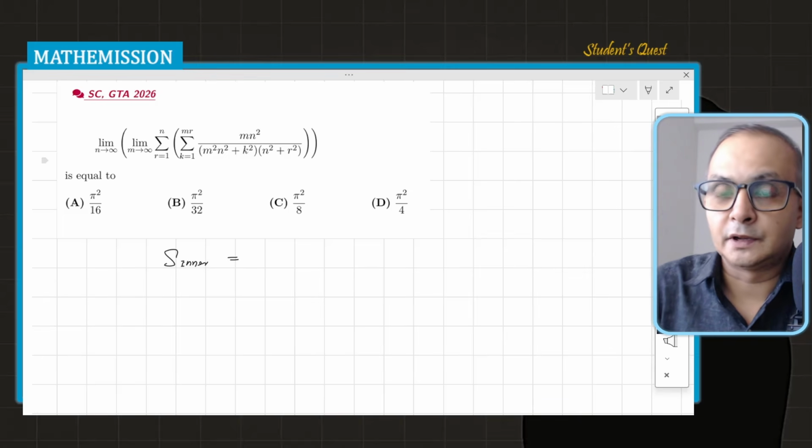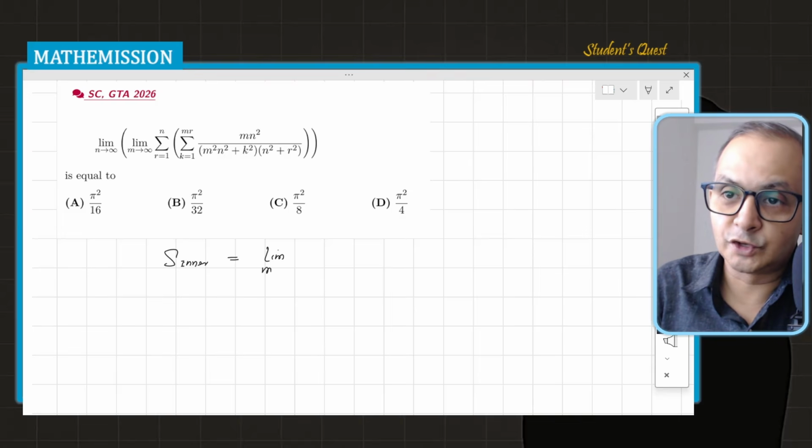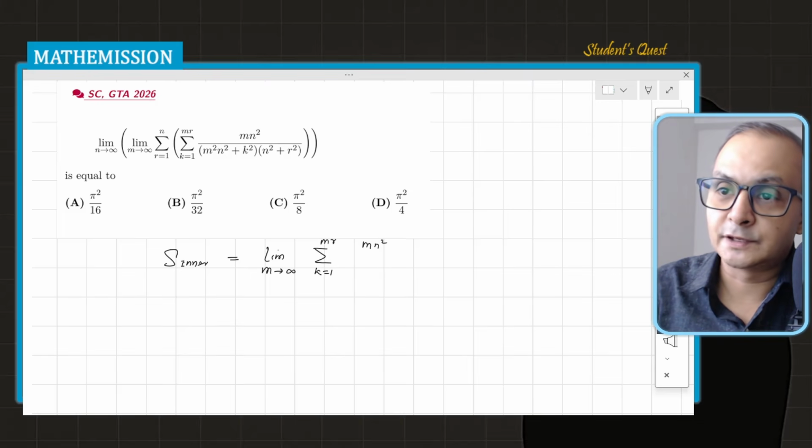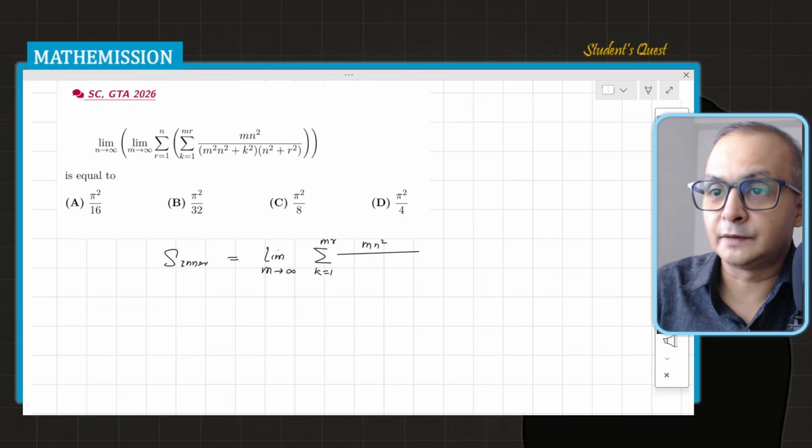is this one: limit m approaches infinity, summation k goes from 1 to mr, of m n squared divided by m square n squared plus k squared, into n squared plus r squared.